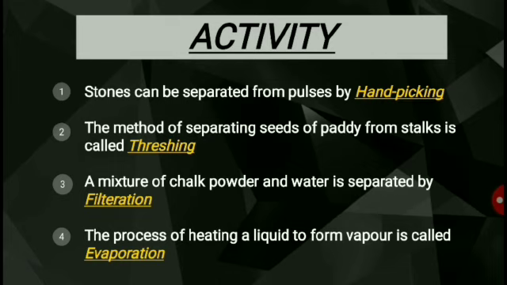And the third is, the mixture of chalk powder and water is separated by which process? As they are insoluble in water, it is separated by the process of filtration. And the fourth fill up is, the process of heating a liquid to form water vapor is called evaporation.